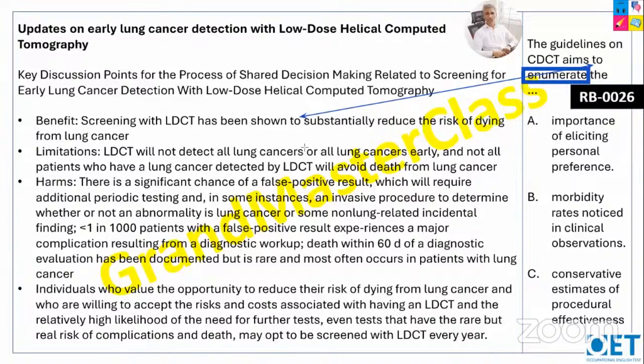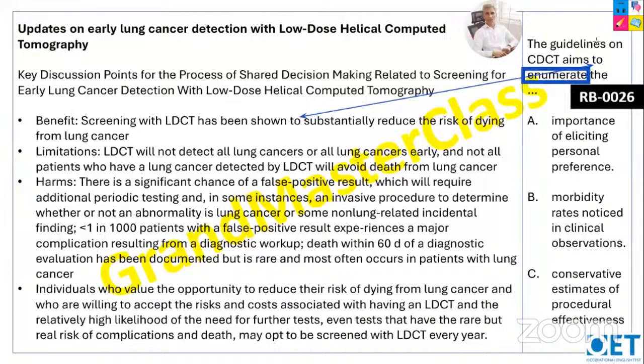This is the first. Bullet points means list only. Number 1, number 2, number 3, number 4. So 4 bullet points are there. This is the first point. So it is listed. Enumerate means enlisted. This is the first benefit in the list, and this is the second, the third, and the fourth. What you have done is you have got it from the first one. Yes, has been shown to substantially reduce.